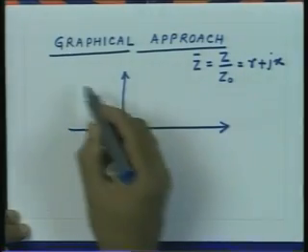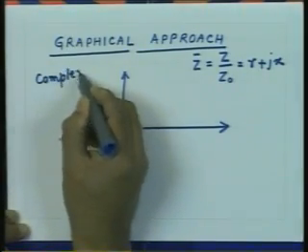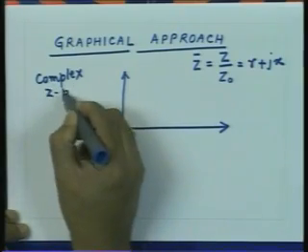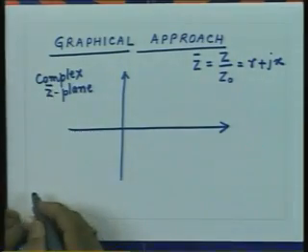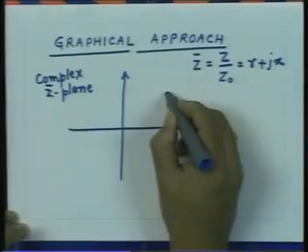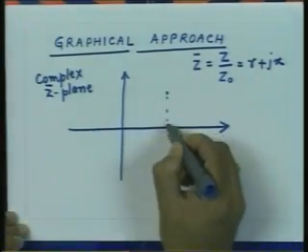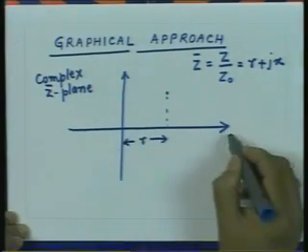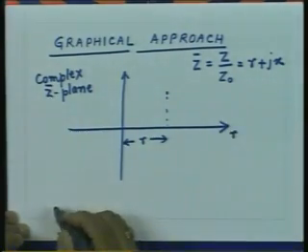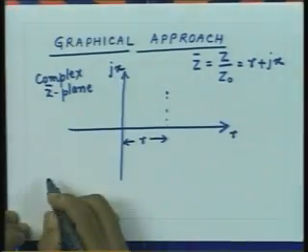Then in the complex z plane, or the normalized z plane, I can put any point in this plane. The real axis is the normalized resistance r and the imaginary axis is j times x.